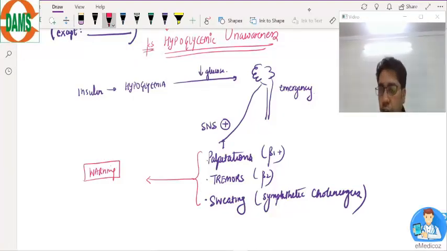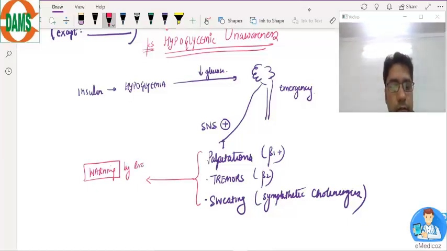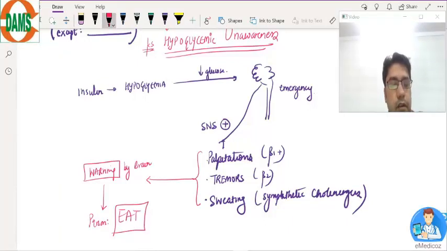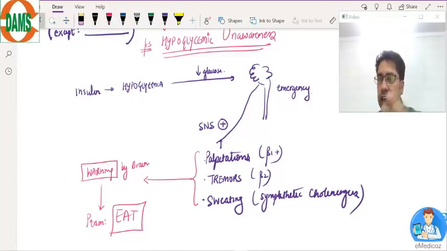Now, these symptoms which appear suddenly act as a warning by the brain. And because of this reason, the person will go to the kitchen and eat.